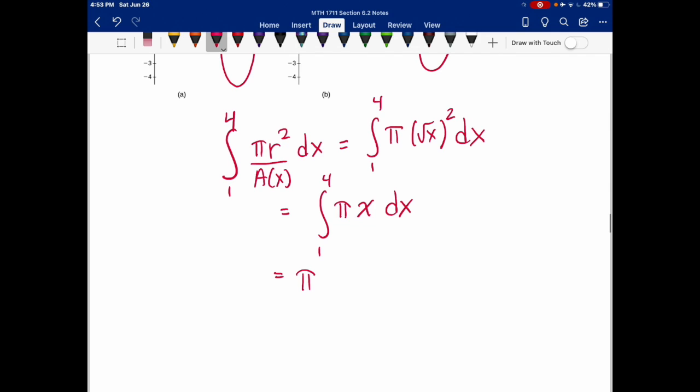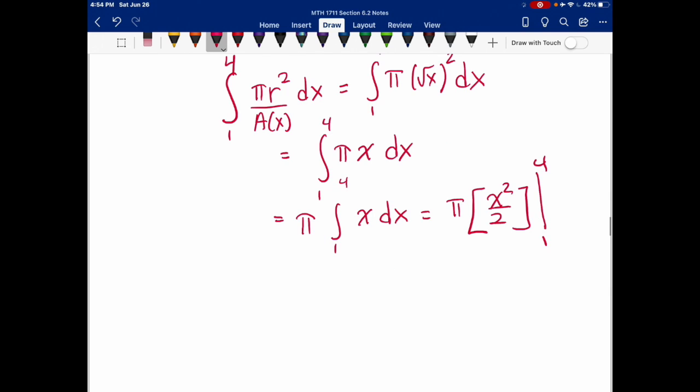So when I simplify this, I get pi, and then the square root of x squared is just x dx.